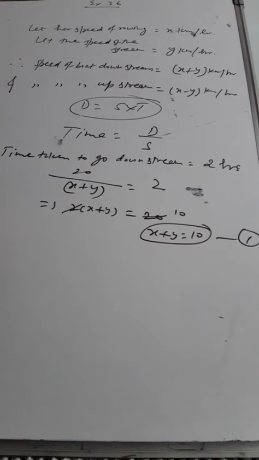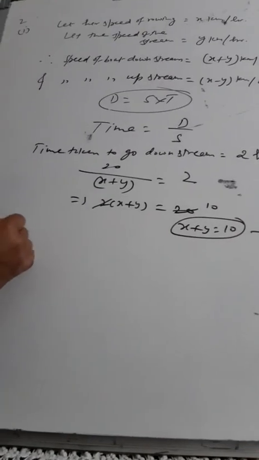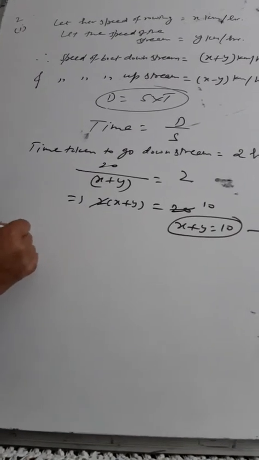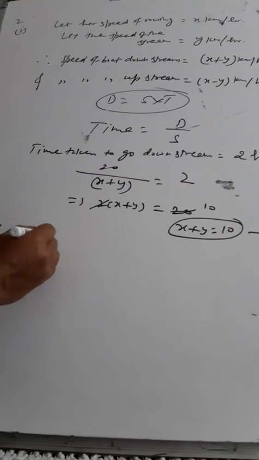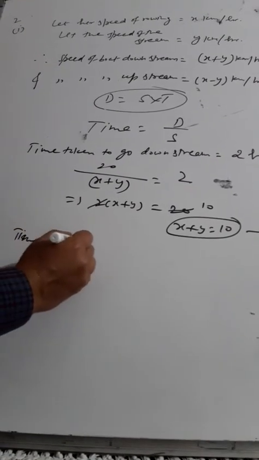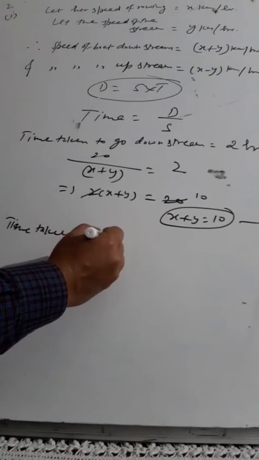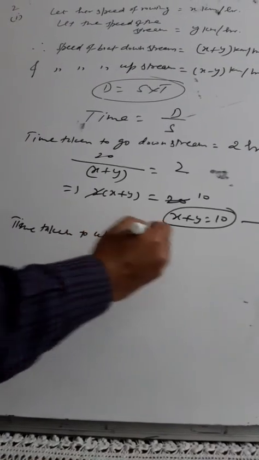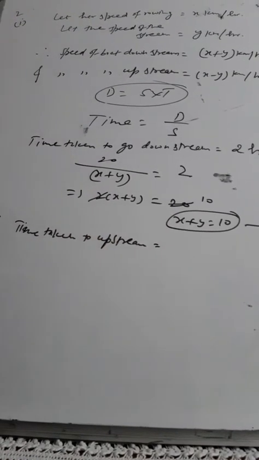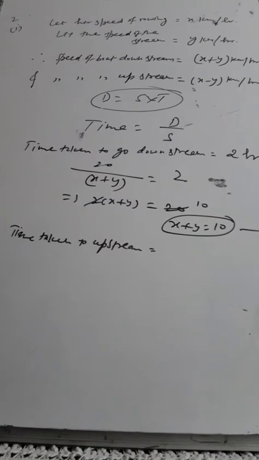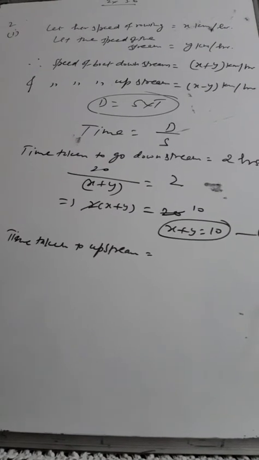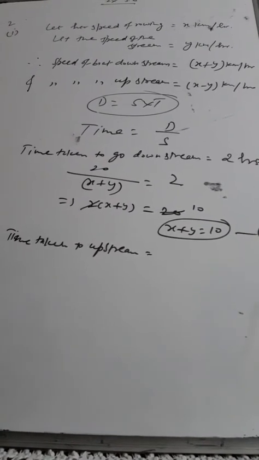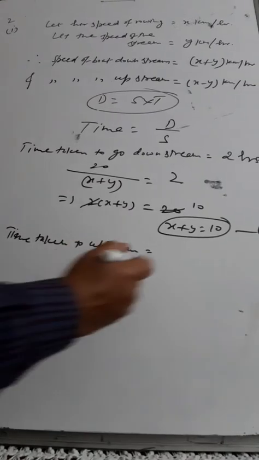Similarly, time taken to go upstream is given to you. What is given? Ritu can row 20 km in 2 hours downstream and upstream 4 km in 2 hours. Again, that is equal to 2 hours.